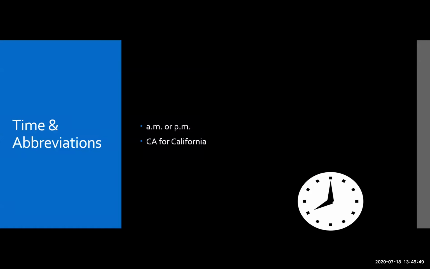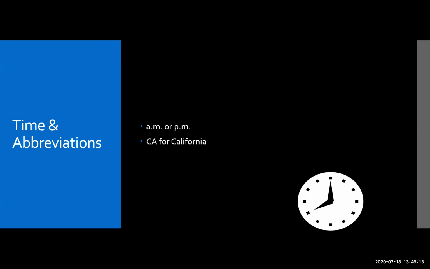Time and abbreviations. The only way to abbreviate AM and PM on a form is to type a lowercase a and then a period and then an m and a period, or p period m period. Some people put those in caps.